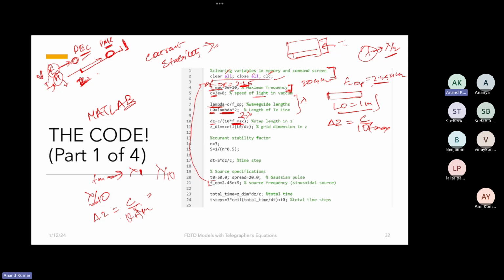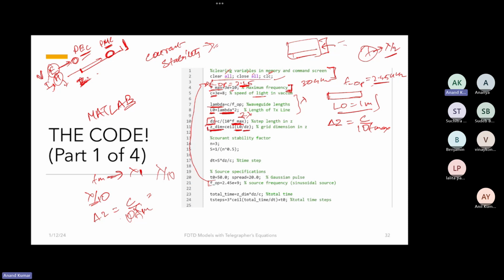So we're calculating this delta z value over here. Once we have the delta z, we can discretize this whole simulation space. We can count the number of nodes we have to solve for by dividing the total length of the transmission line by the delta z value.